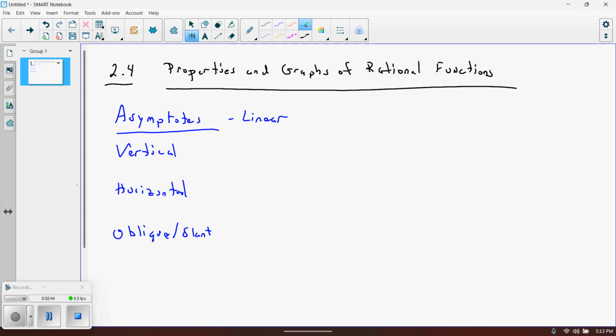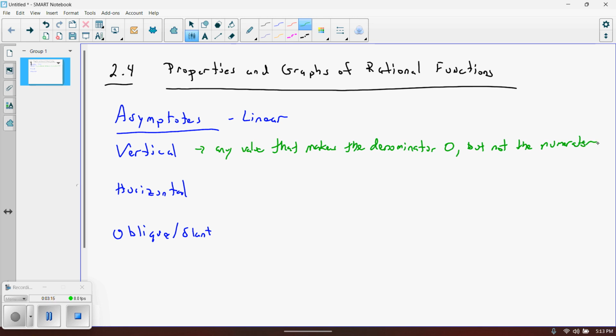So a vertical asymptote in its simplest form is any value that makes the denominator zero, but not the numerator.